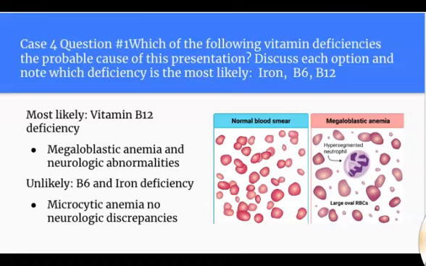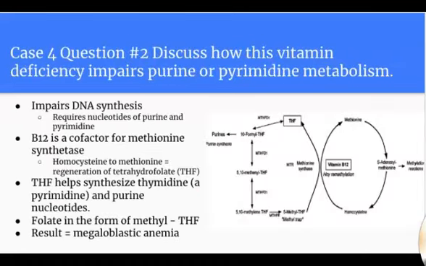The second question asks me to discuss this vitamin deficiency, how it impairs purine and pyrimidine metabolism. Vitamin B12 deficiency impairs DNA synthesis, which requires the nucleotides of purines and pyrimidines. B12 acts as a cofactor for methionine synthase, which is an enzyme that converts homocysteine to methionine, thus facilitating the regeneration of tetrahydrofolate, also known as THF.